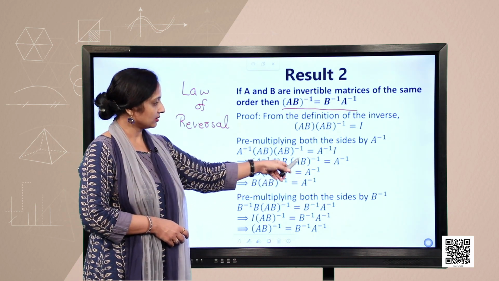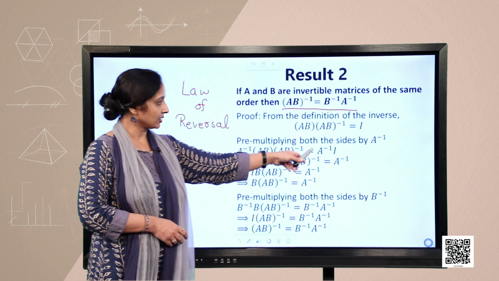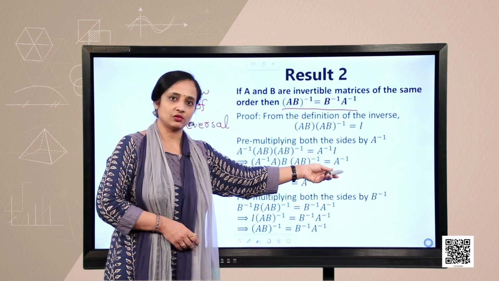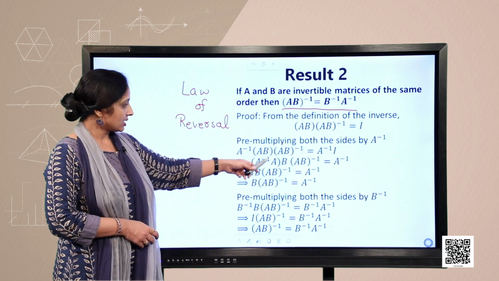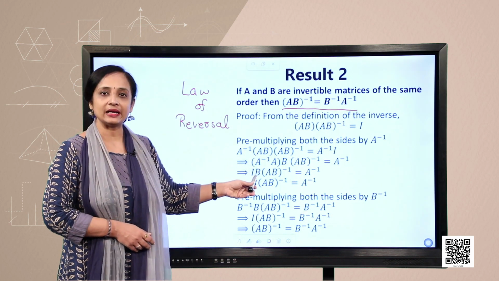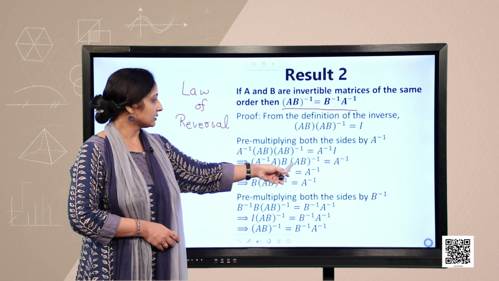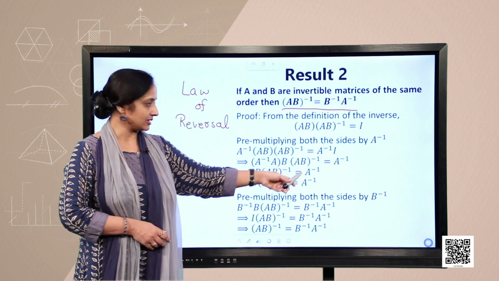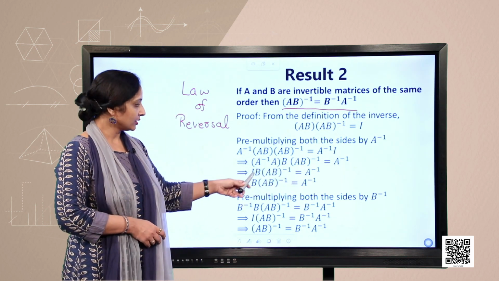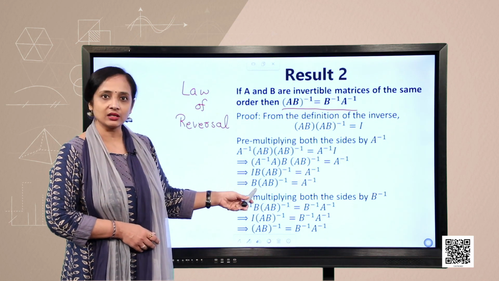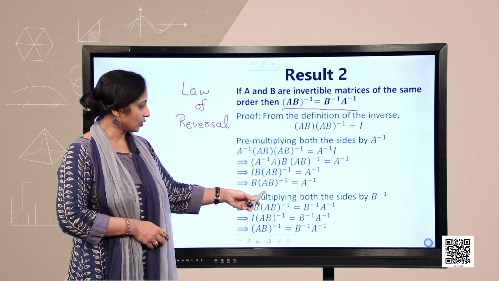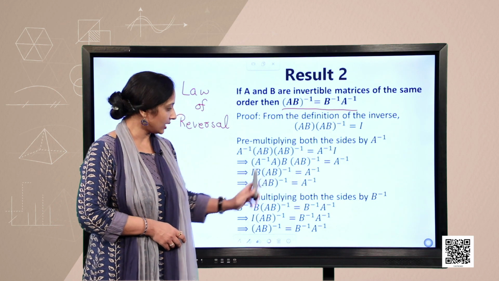Write this B here, write this AB inverse here. A inverse I is giving you A inverse only. A inverse A is identity matrix, that is being multiplied by B. Then AB inverse at its place, A inverse there. This IB is again giving you B, so AB whole inverse. This is equal to A inverse.